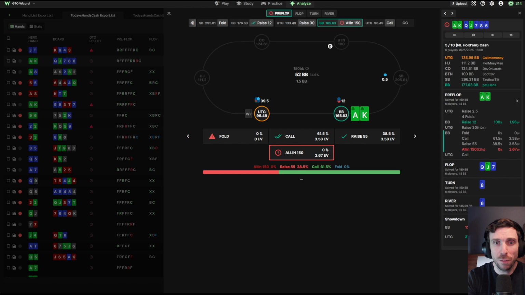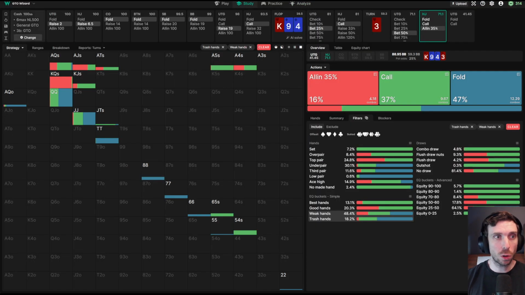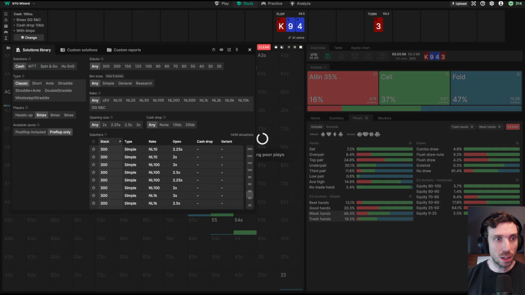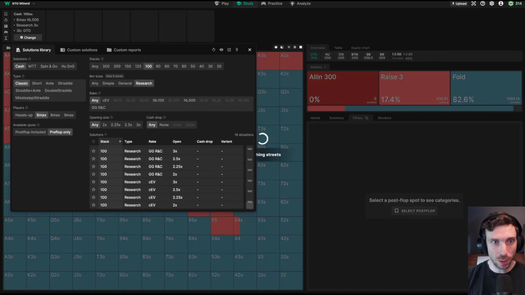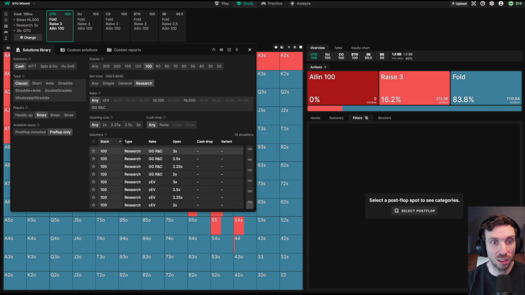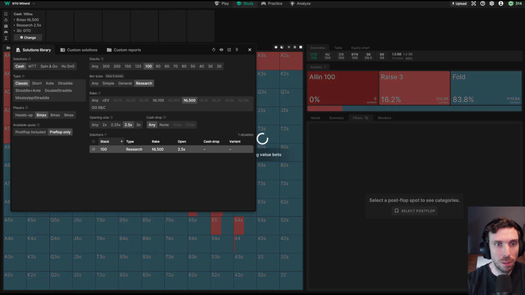There isn't a way for me to solve this unless I pre-flop solved the exact sizing that villain used. I could potentially look for a custom sizing in the research section, which has a lot of different sizings for the game that I'm playing.